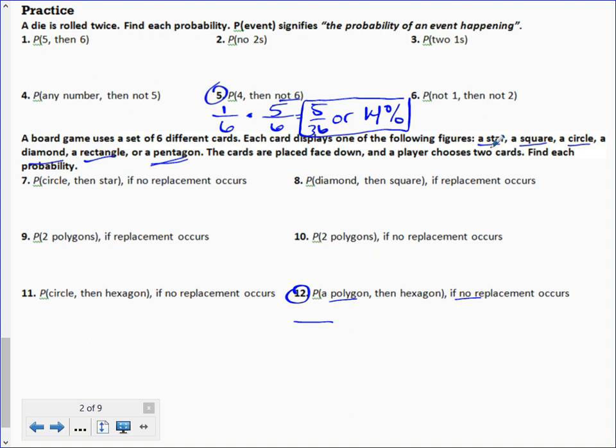A star is a polygon. A square is. Diamond, a rectangle. A circle isn't because it doesn't have any sides. Polygon means many sides. So everything but the circle. 5 out of 6.